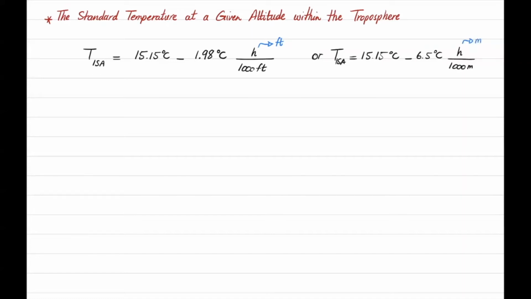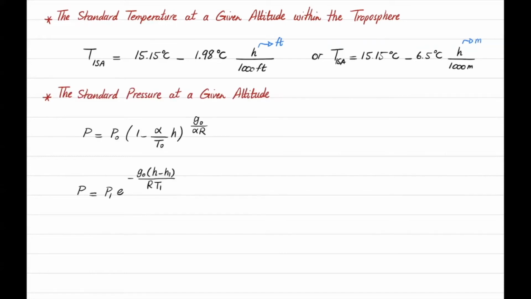We can also find the standard pressure at a given altitude using these equations, where the first equation is for the troposphere and the second equation is for the stratosphere. P0 is the pressure at sea level, which is equal to 1013 hectopascal, where a hectopascal is 100 pascal. T0 is the standard temperature at sea level, G0 is the gravity, and R is the gas constant, which is equal to 287 joule per kilogram Kelvin.